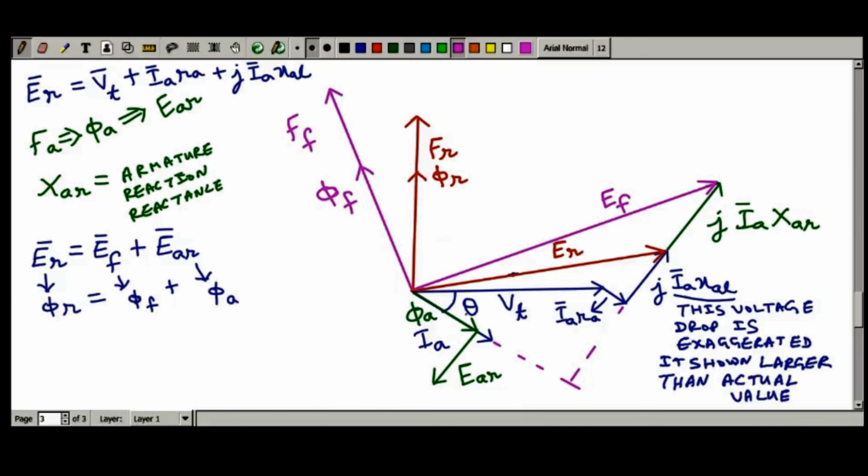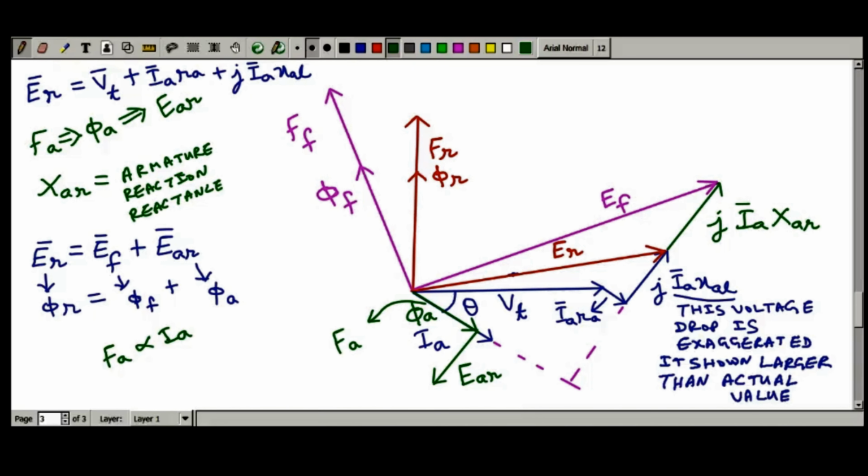Okay. Now what is FA? FA is this one. Let me show it over here. This thing can be called FA because FA is directly proportional to IA. If armature current is 0, armature MMF is 0. If armature current is maximum, then armature MMF is maximum.